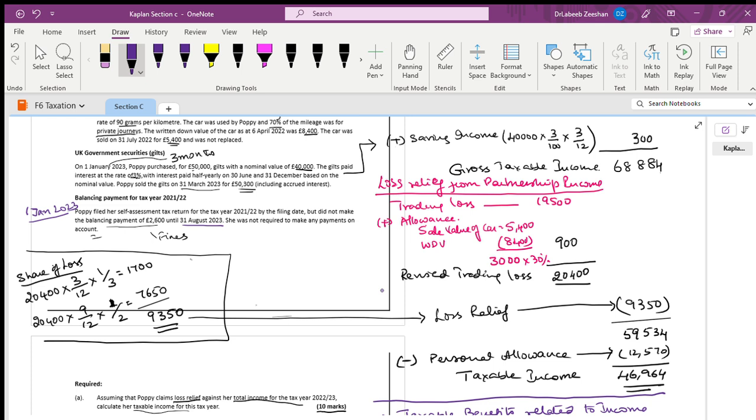The official rate of interest, underpaid or overpaid, where is it mentioned? On the page that has national insurance contributions, rates, and allowances.